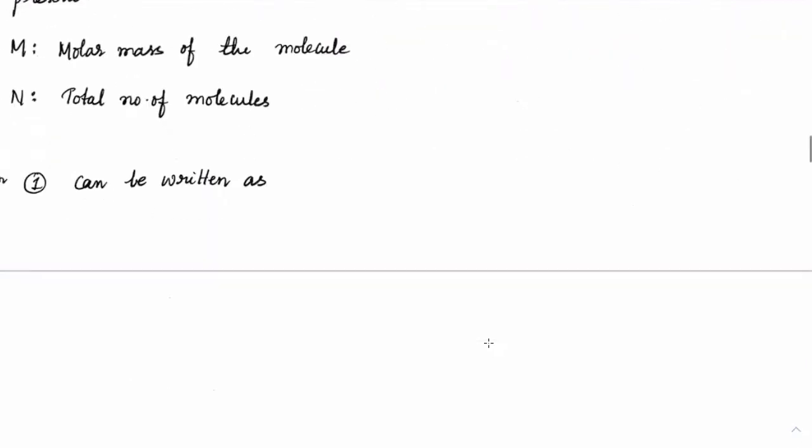So I'm getting two functions here, which I'll write this way: 1 by N dn by du is equal to 4 pi times M by 2 pi RT to the power of 3 by 2, u square, into exponential of minus M u square by 2RT.